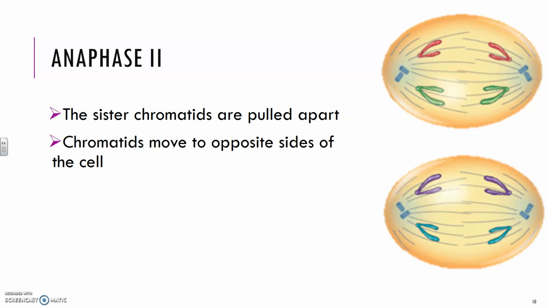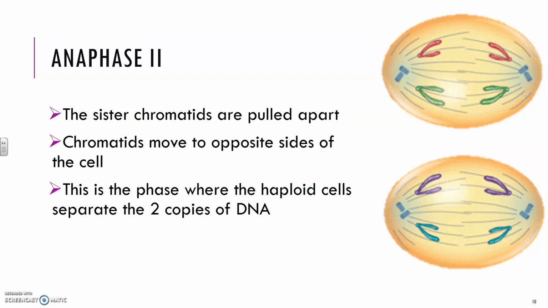The chromatids move to opposite sides of the cell, and the haploid cells separate the 2 copies of DNA. You already went through meiosis 1 to get down to haploid cells, and now you're separating the 2 copies of DNA, getting back to operational mode without being diploid.